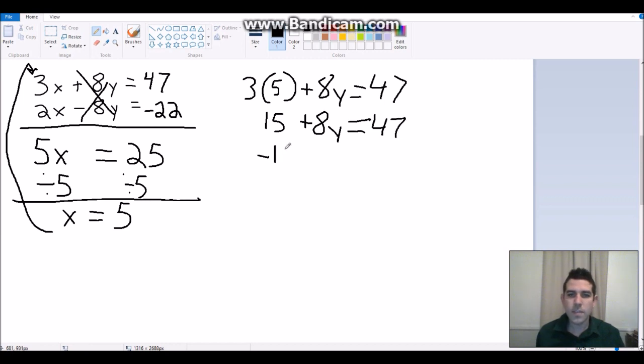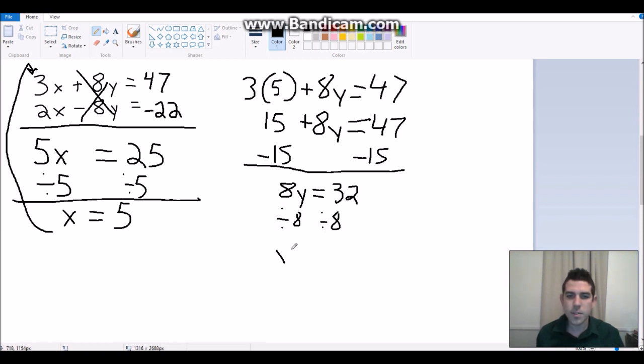Let's subtract 15 from both sides using inverse operation. And then divide both sides by 8 to see that y is equal to 4. So my solution in this problem is 5 and 4.